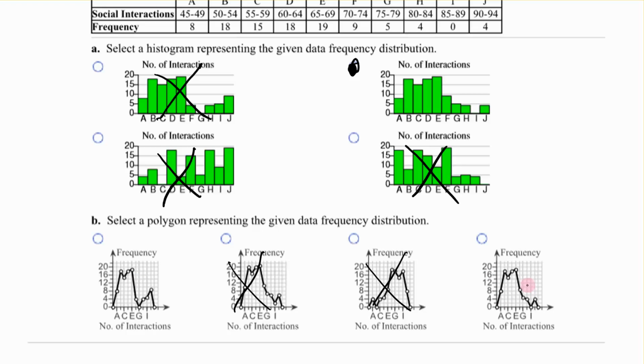Let's check our 0. Up here, I is 0. It is this one. I didn't even have to blow it up. But once you've found, you mark them off as you find that they are not the right height.